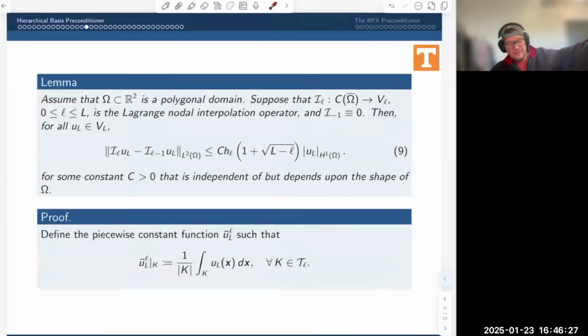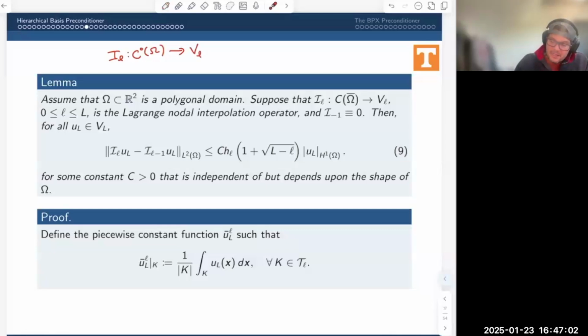So the final estimate that we need, the final technical result we need, is some other type of interpolation result, which I'm also going to skip, but it basically is related to the difference between two interpolants, one is at VL and one is at VL minus 1. But I do want to emphasize what's going on here. So remember, IL takes any function. It only has to be continuous, and it's going to push it into VL.